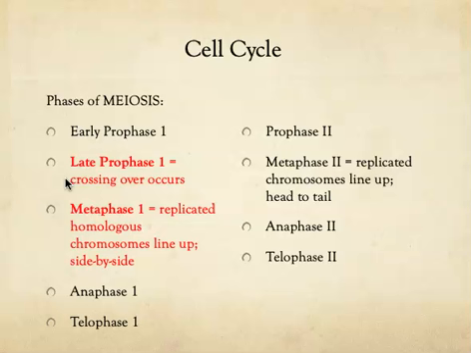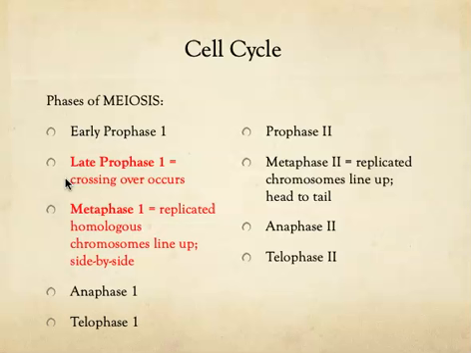Meiosis, remember, is the form of nuclear division that helps produce the gametes in sexually reproducing organisms. And as you probably already know, there is a process that goes on in the production of gametes that mixes and matches source DNA that comes from the mother and the father, so that each individual gamete, each sperm cell, each egg cell, has some DNA from the mother and some DNA from the father.